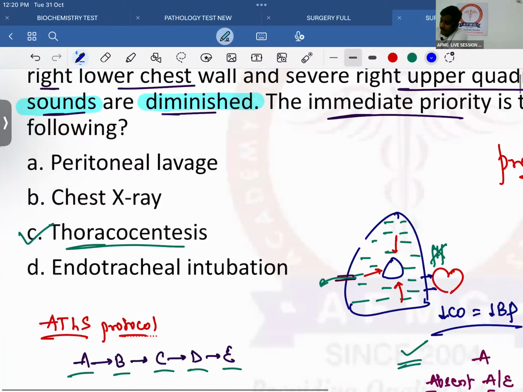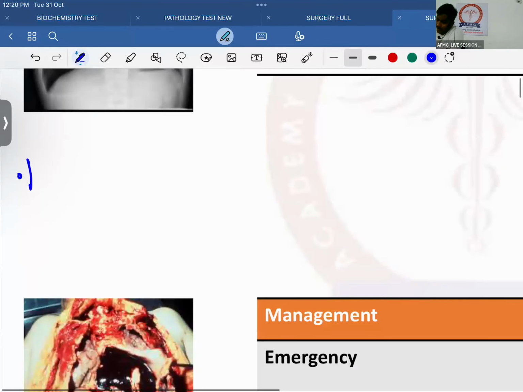ये देखो, जब भी intestine will get ruptured or stomach will get ruptured or perforated, all that fluids, all that secretions, all that food will get leaked out into the peritoneum. That causes peritonitis. Peritonitis होगा तो there will be a severe and acute abdominal pain. Along with that, there will be nausea and vomiting. Along with that, when you try to palpate the abdomen of the patient, beta, पूरे abdomen में there will be pain. And if पूरे abdomen में there is pain, that is called as diffuse tenderness.